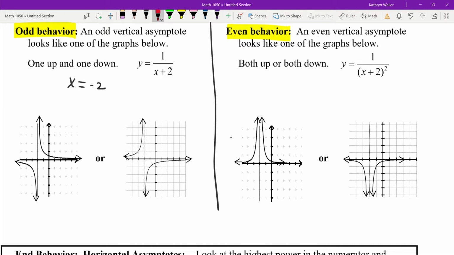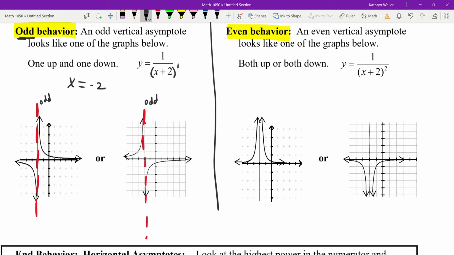Grab your pencil and dash a line right there at x equals negative 2. Now, how many x plus 1s do I have? 1 on the bottom, right? 1 is odd. So this vertical asymptote is odd. So right there I want you to put odd, and right there I want you to put odd. That's what we're going to do when you come to class on Thursday.